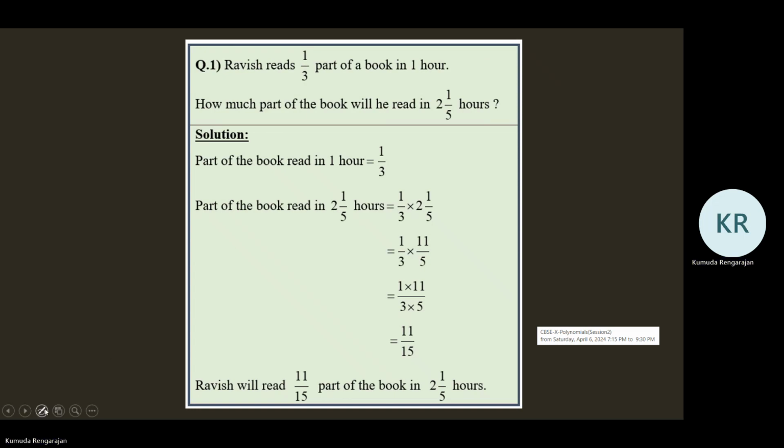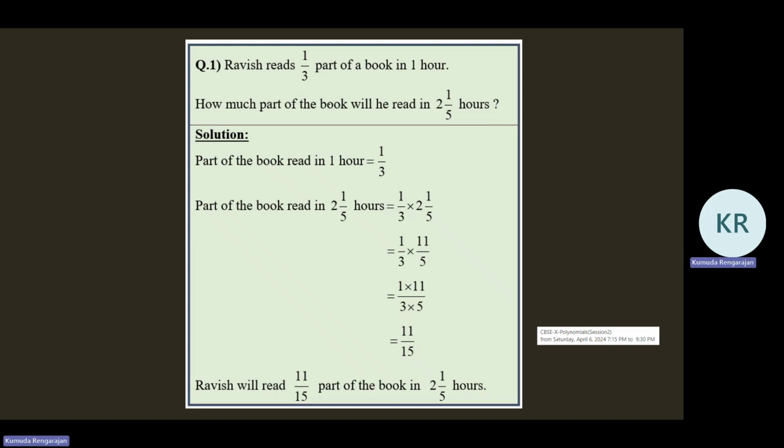Okay. So see here. 11 by 15 you got? Okay. What about the others? You got 11 by 15? Okay.